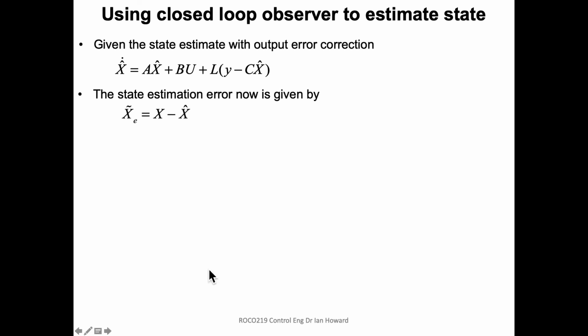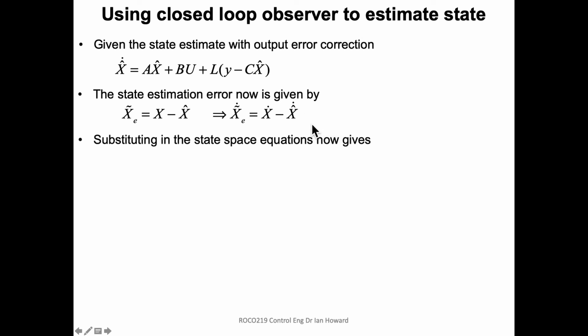So again, what we do is we calculate the error in the system. So the error of the system is a state error x minus x hat. We can differentiate that, so the differential of the state error equals the differential of the state, take away the differential of the predicted state.